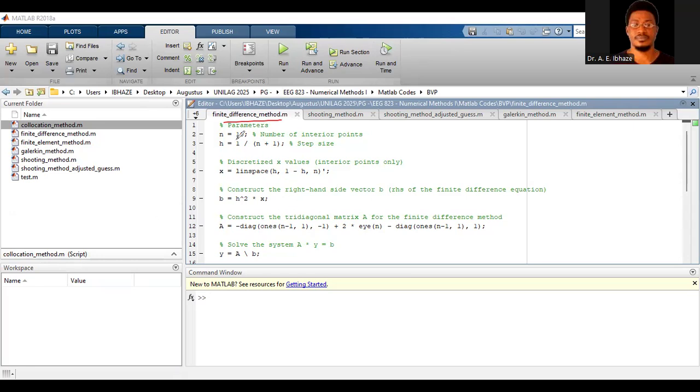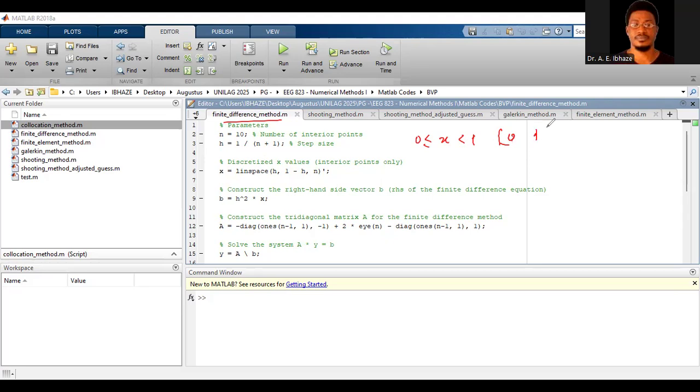And in this case, we have defined the interior points to be 10. We could scale down to as little as 2, but the higher the points, the more accurate the approximation will be. And here, we have also taken the internal value to range from 0 less than x less than 1. So we are taking x to take on values from 0 to 1.